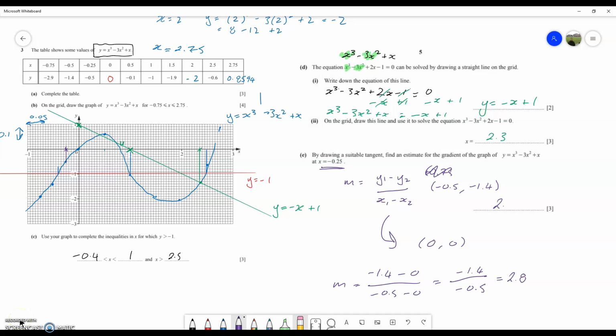So our final answer is 2.8. m is equal to 2.8.